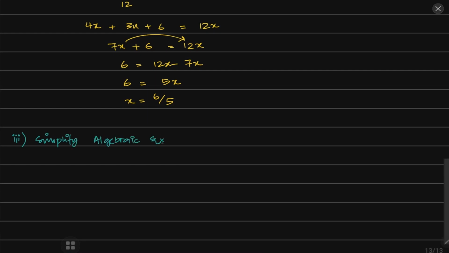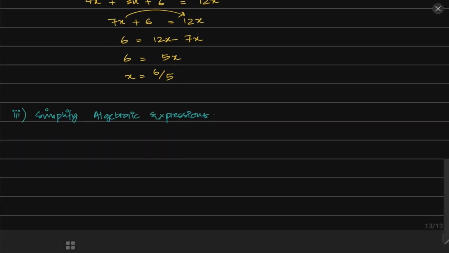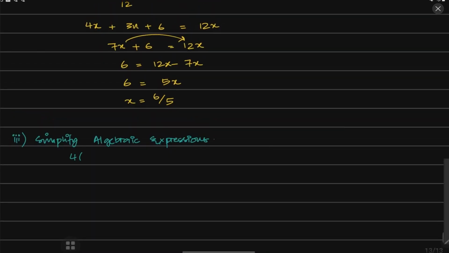Let's suppose you got a question that looks like this: 4x plus 7. All you have to do is simplify this into 8x plus 28. So that's that.